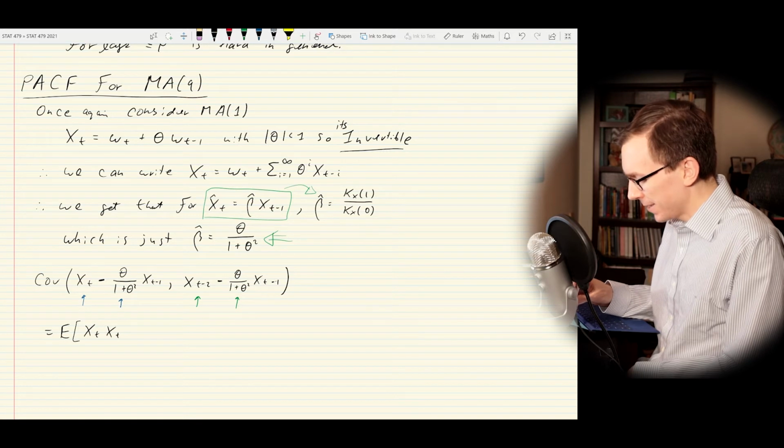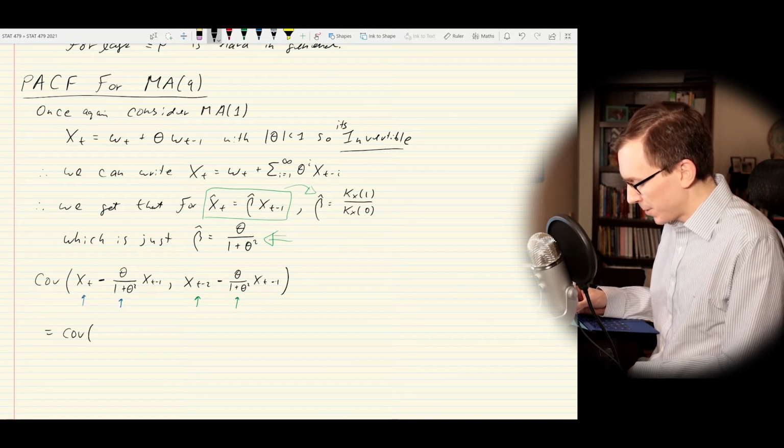Not expected value, sorry. The covariance between xt and xt minus 2.